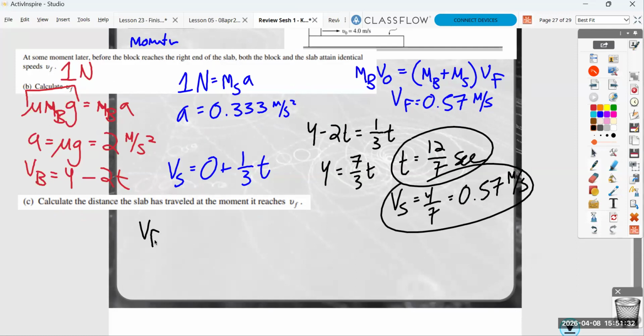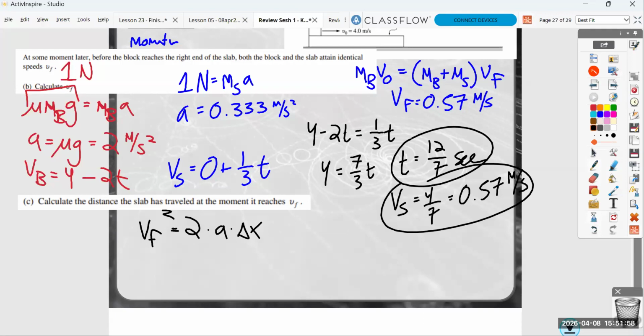The nice thing is it starts out at an initial velocity of 0. So I can just do 2 times the acceleration times delta x. And I know all my numbers in there.